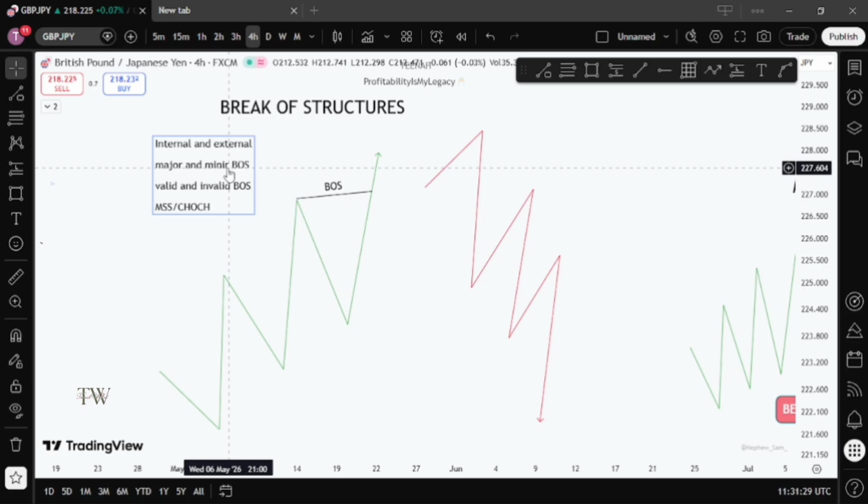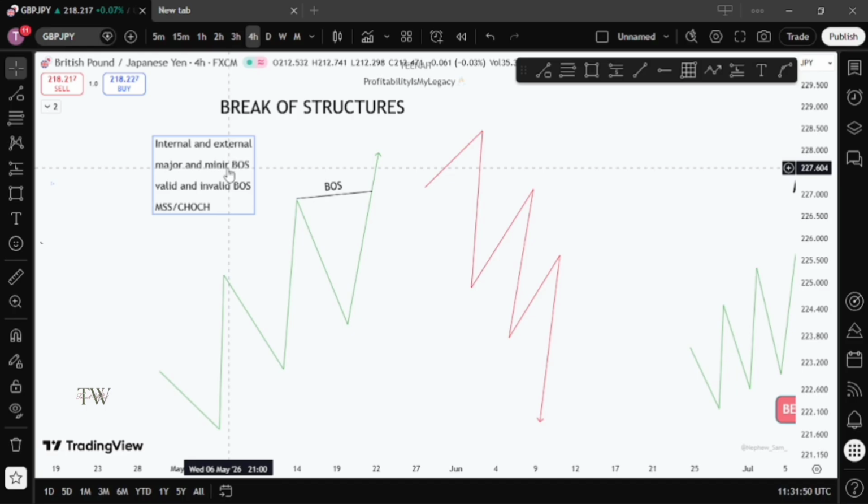They just call it different names. Same way we have a lot of strategies as traders, but these strategies actually relate to themselves. They are similar to themselves. And that's exactly what this implies. Same way you find the external break of structure on the higher time frame, that's the same way you're going to find the major break of structure on the higher time frame.